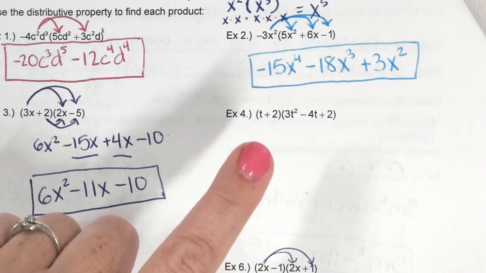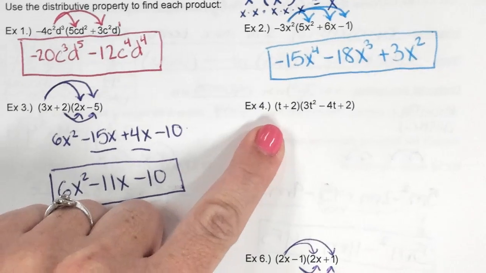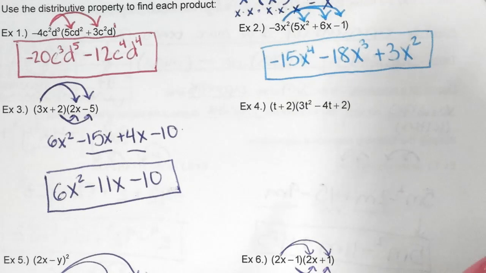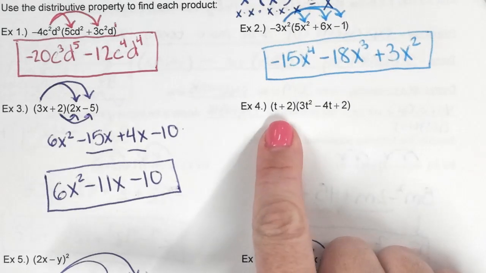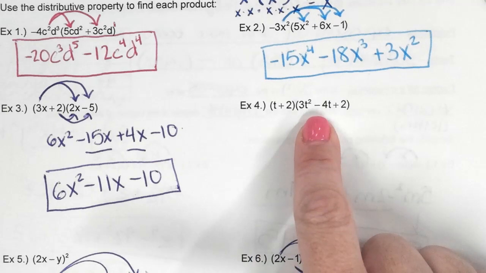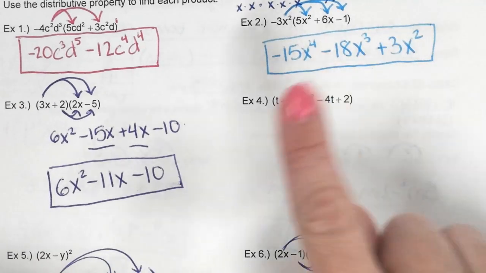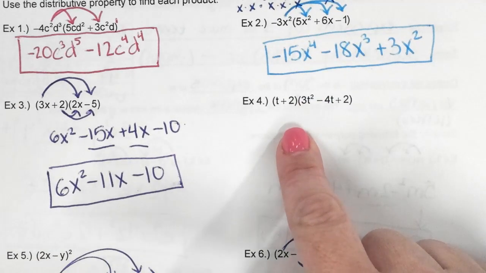So, example 4, what's different from these 3 to this one? Well, how many terms does this one have? So what do we call that? Binomial. How many does this one have? What do we call that? A trinomial. So these were binomials times binomials. What's this one? Binomial times trinomial.